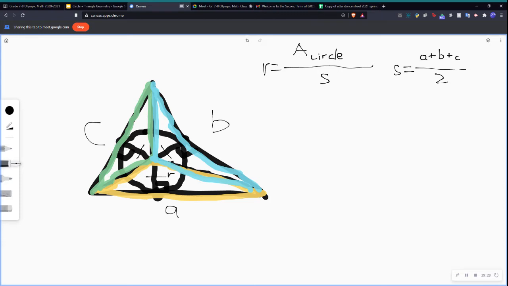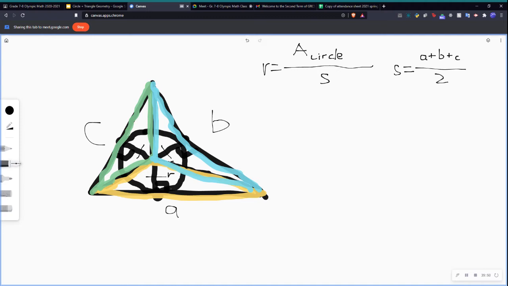And it's pretty easy to calculate the area of these 3 triangles individually. If you notice for the yellow triangle, it has a base of A, and we also know its height. Its height is R, or the inradius of the circle, because this height is always perpendicular to the base. Just remember that.